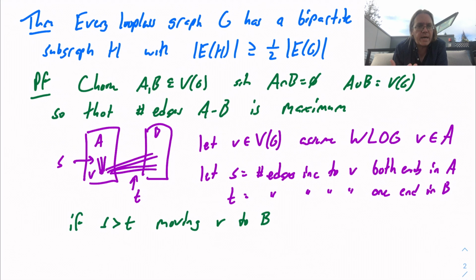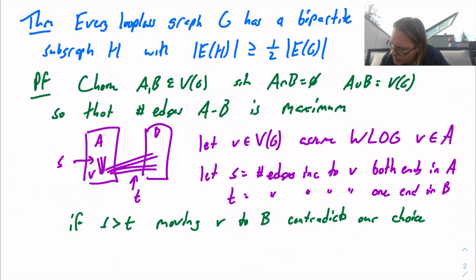And we chose our A, B so that it was maximized, so that can't happen. So if S was bigger than T, then moving V to B is contradicting our choice. So that means that T is going to be greater than or equal to S.